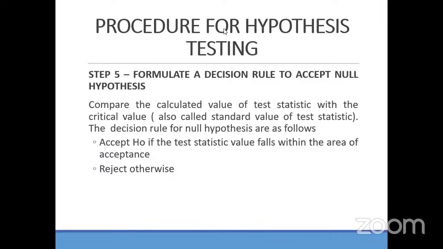ANOVA also has bifurcations. This is why I told you that hypothesis testing is not a very small topic which can be understood in a 2-hour lecture or 4-hour lecture. You have to devote numerous lectures or hours to understand what phenomena, what assumptions hold true, so that we can apply a certain test.